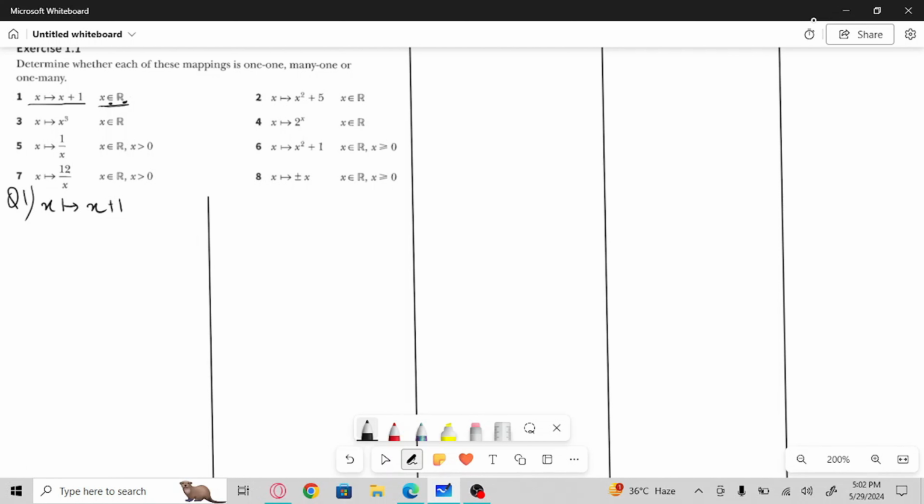To solve this, we are asked to find out whether each of these mappings is one-one, many-one, or one-many. So we want to find the type of mapping. This can be found graphically. However, it is much easier to just give in two input values and take out the relation it has with the output values.